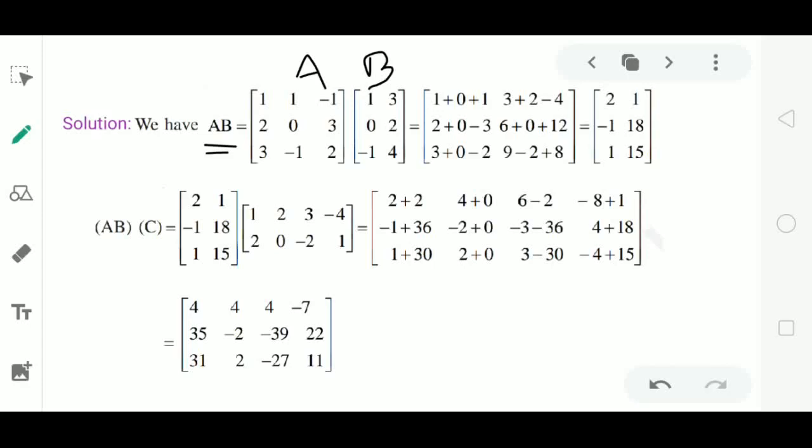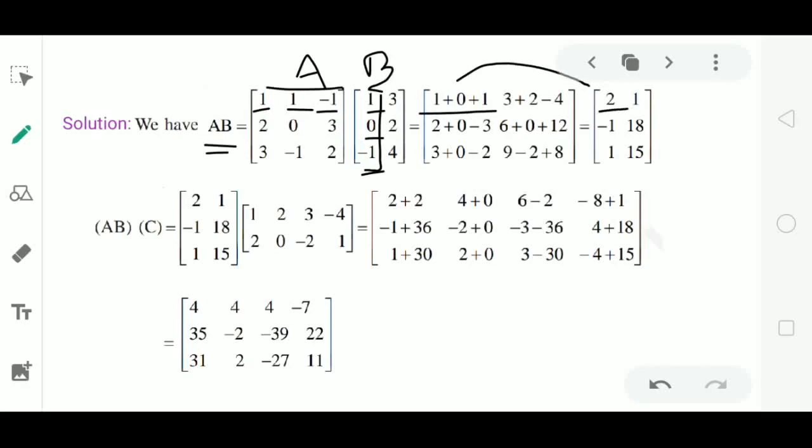To find AB, we multiply the first row of matrix A with the corresponding elements of the first column of matrix B, and then we add the products, that is 1 into 1 plus 1 into 0 plus minus 1 into minus 1, which is 1 plus 0 plus 1, which is equal to 2.